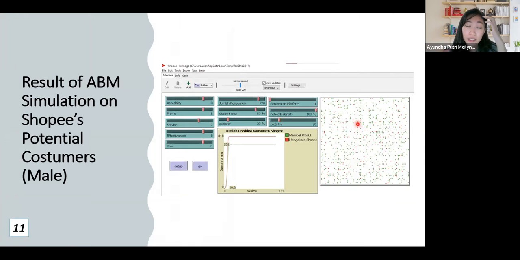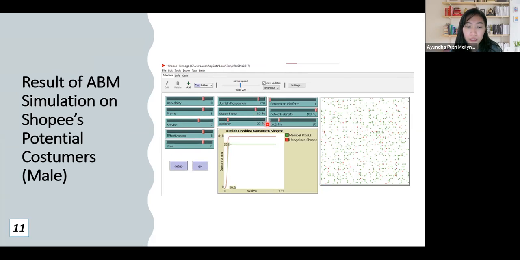And then the results. The first one is the result of the IBM simulation on Shopee potential customers who are male. For male, the parameters used are accessibility 8, promo 8, service 7, effectiveness 8, and price 8.